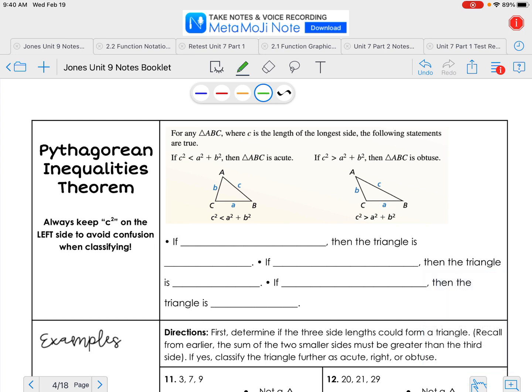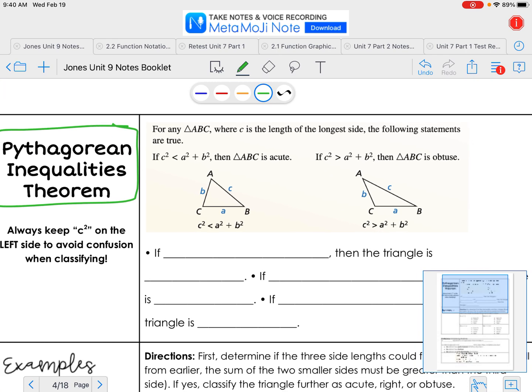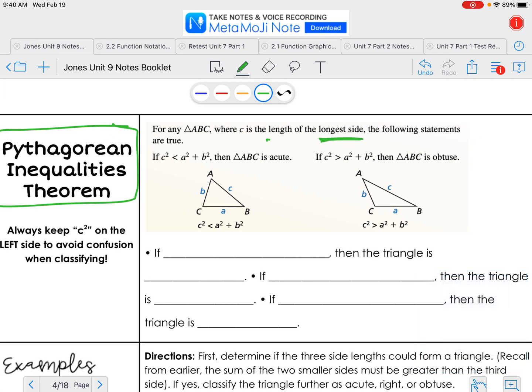Then we have this Pythagorean inequalities theorem. It says that for any triangle where c is the length of the longest side, the following is true. We already know that if c squared equals a squared plus b squared, that's the Pythagorean theorem, so that makes a right triangle.